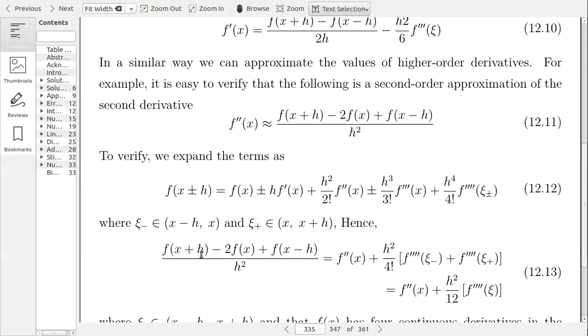Hence f of x plus h minus 2 f of x plus f of x minus h over h square is equal to f double prime of x plus h square over 4 factorial into f fourth derivative.